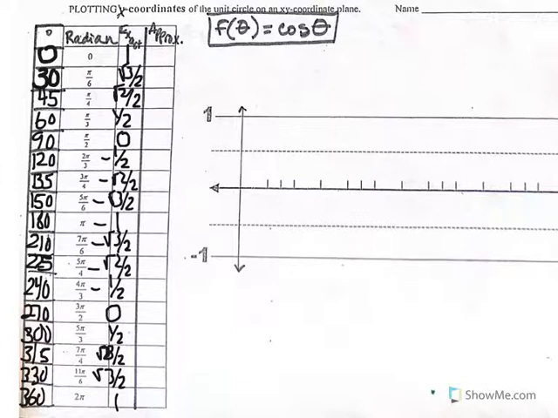Okay, remember we do our approximate values in the column at the right just to help give you the idea. And if you remember, square root of 3 over 2 is that 0.87, square root 2 over 2 is that 0.71 value, and we have 0.5. So think about how we're going to graph cosine. Cosine starts at 1 and ends back at 1. So think about what kind of graph it's going to be.